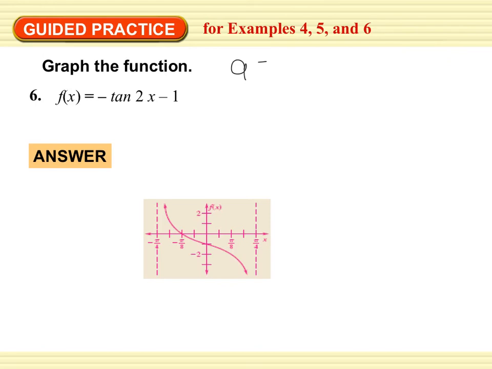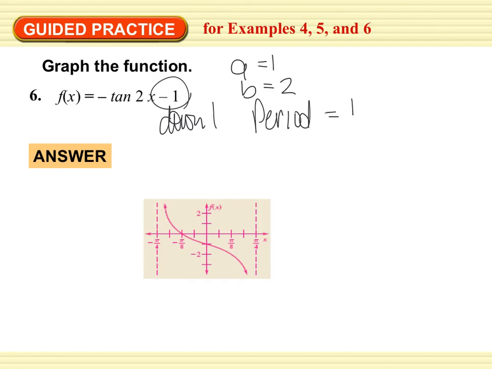So A is -1, B is 2. We're going down 1. It's tangent, so tangent is pi over B. So pi over 2. So my period's pi over 2. That means my asymptote is at negative pi over 4 and pi over 4.